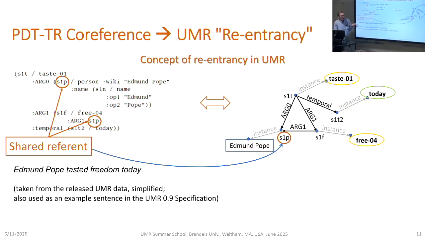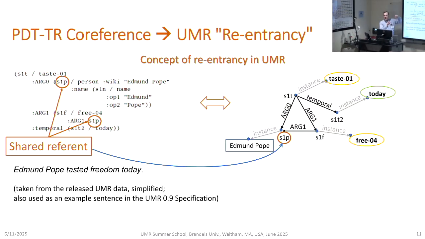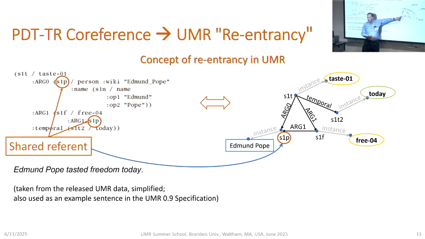It was the same actor for both. So in our annotation, there will be a special node for the free, which would be also labeled as an actor. There will be a generic person pronoun label, and there will be a co-reference link. But these two have to be linked to a single node in UMR, and that's what we do.